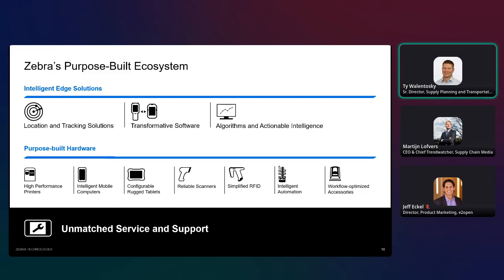One of our biggest portfolios is mobile computing, right? That is more of a cell phone type form factor, but combining that with barcode scanning and/or RFID scanning to help a lot of our logistics and retail customers. We also have a full line of ruggedized tablets. We have both mobile and stationary scanners, right, for point of use scanning and/or warehouse scanning.